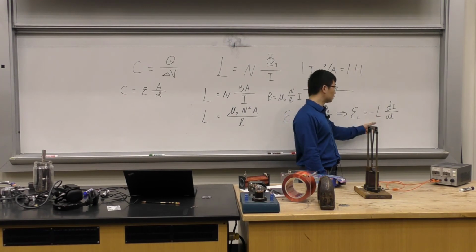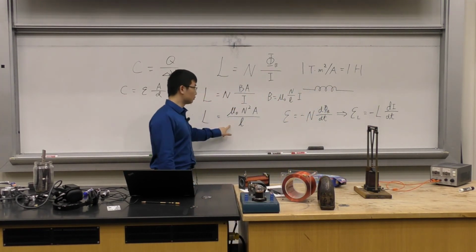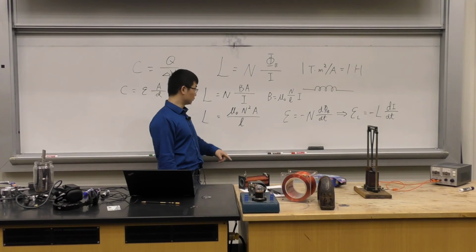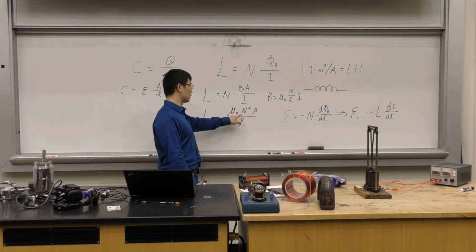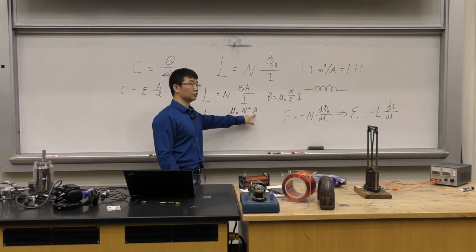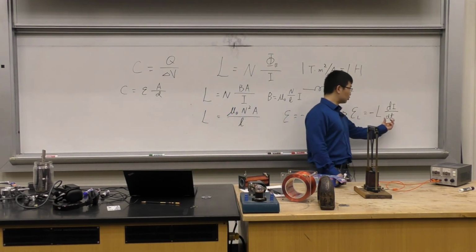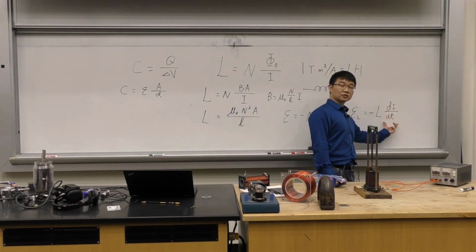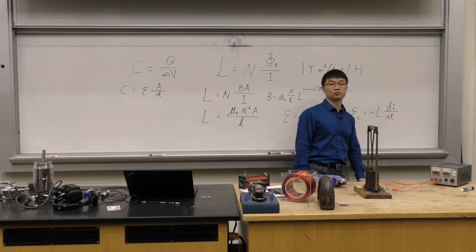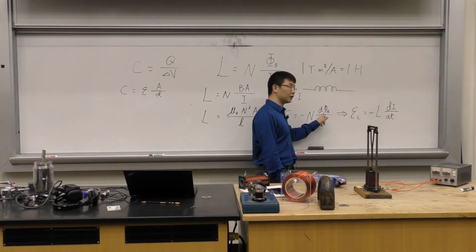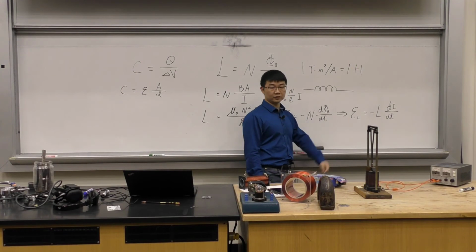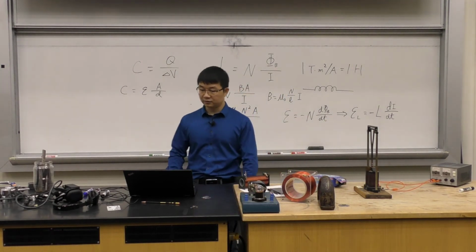All I need to do is just calculate this L using the parameters of this solenoid, right? And they are easy to measure. Number of turns, area, you just measure the radius and the length. And then you just need the changing current and changing time, and they are also easy to measure. Then changing flux is really a pain. Okay, so that's the idea.